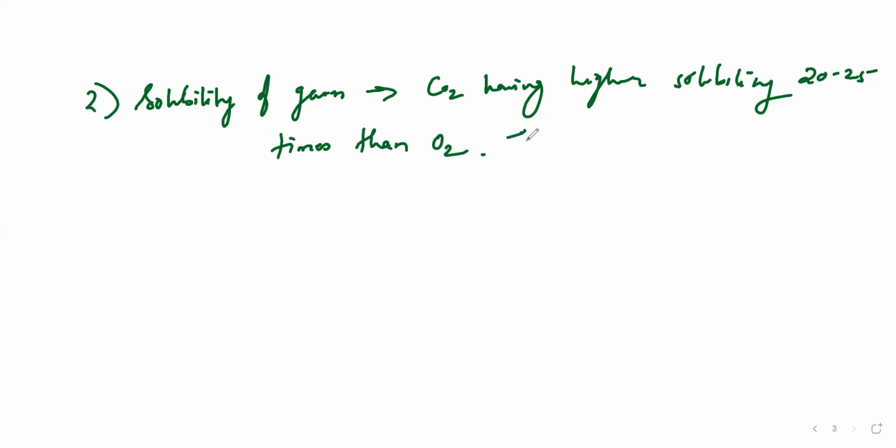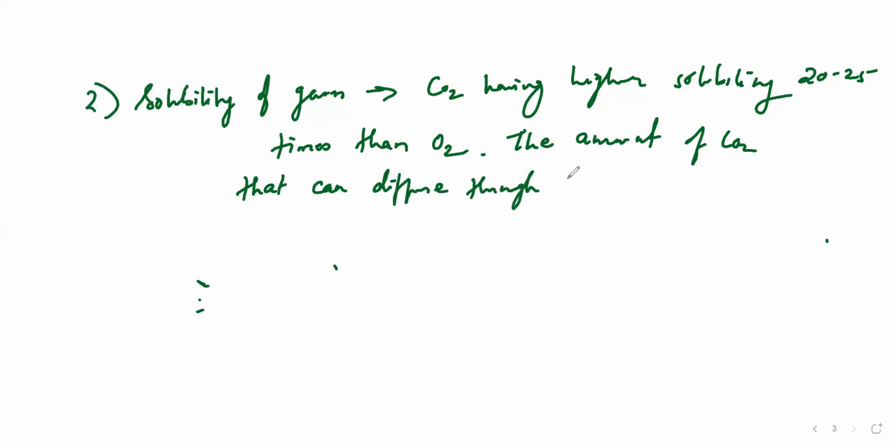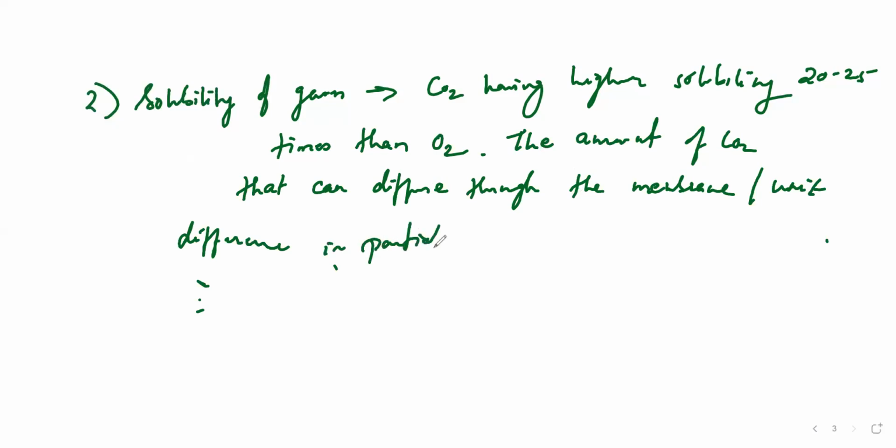Okay, so how it is written is, whatever amount of carbon dioxide is there that can diffuse through the membrane per unit difference in partial pressure is higher than that of O2.